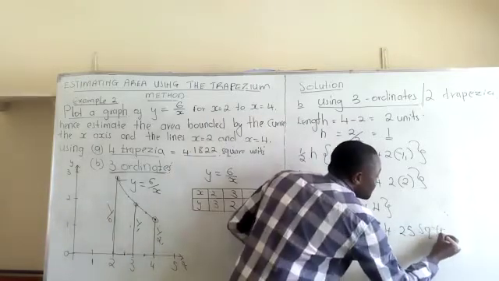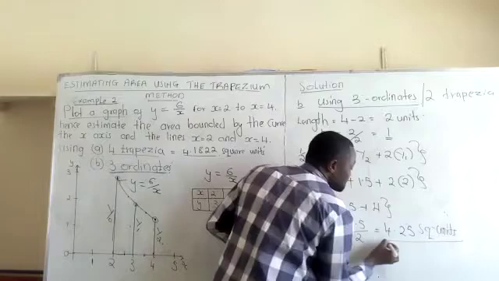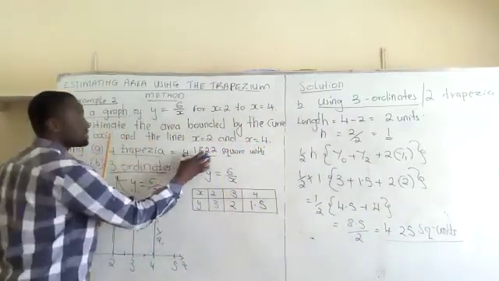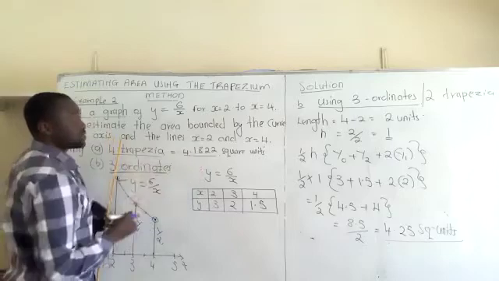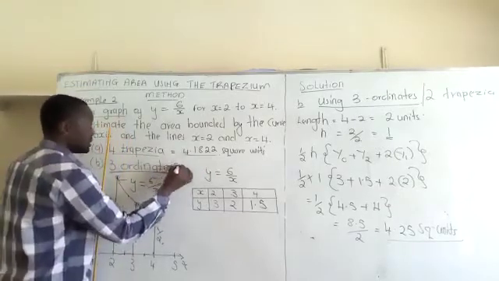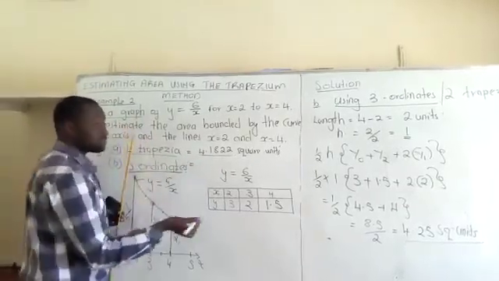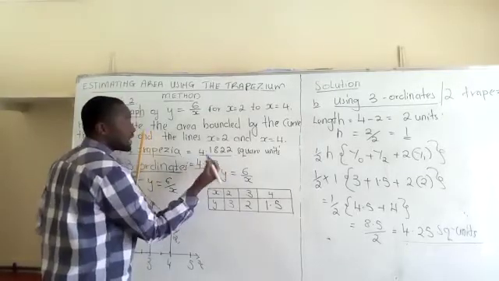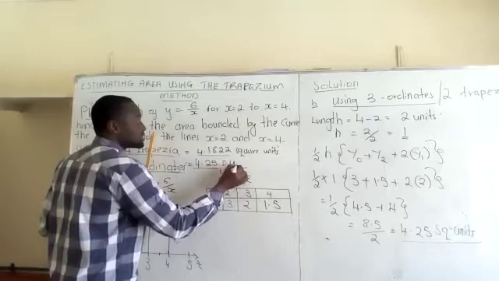square units. You notice there is a difference when we used 4 trapezia or 5 ordinates, 4.1822. When we use 3 ordinates or 2 trapezia, we are getting 4.25 square units.